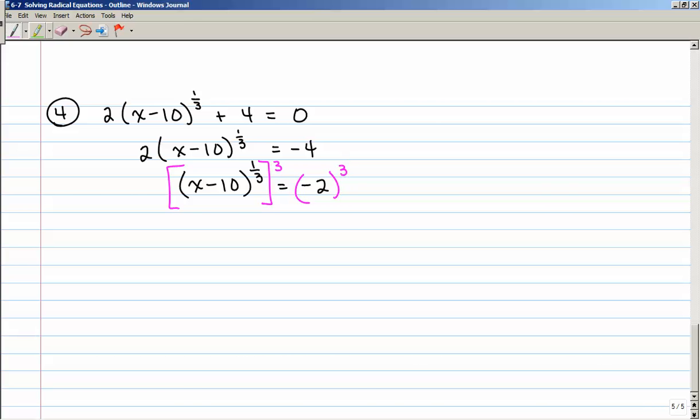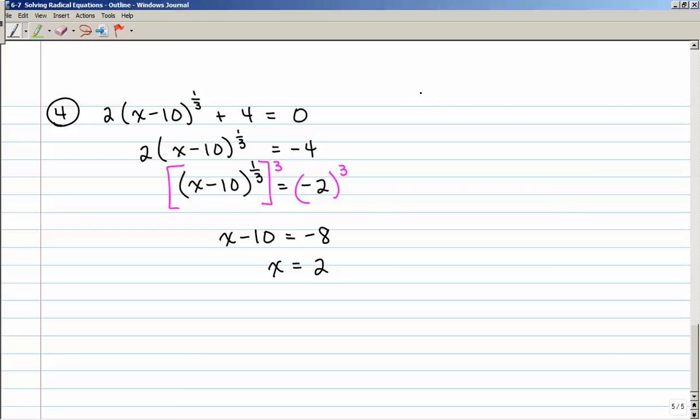Because remember what that does when you have an exponent inside the parentheses and an exponent outside. Actually, these are square brackets, but the same rule applies. Exponent inside, exponent outside, multiply them. That's going to give me an exponent of 1. So I'm left with x minus 10 equals, and -2 cubed is -8. Adding 10 to both sides, x equals 2.